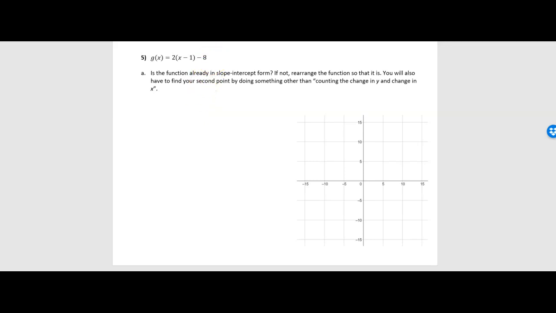Okay, so we'll do this in a couple different ways, just because I don't know exactly which way you attempted it. The first thing we'll do is try to put this into slope-intercept form. So let's start with what we're given. g of x is equal to 2 times the quantity x minus 1 minus 8. I'll distribute that 2.